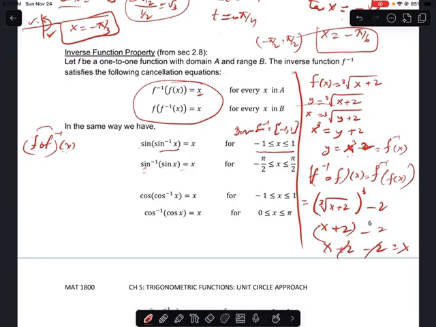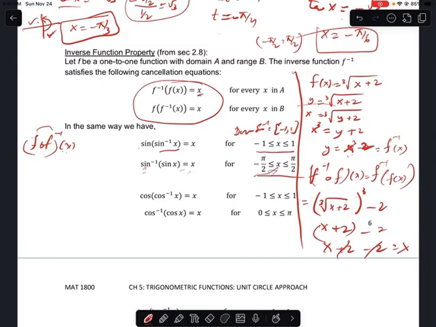This is the property of the inverse function, but the important thing is that the x should be in the domain of the function which is on the right in the composition. In this case, the x should be in the domain of f inverse of x, and in the one that I did, x must be in the domain of f.